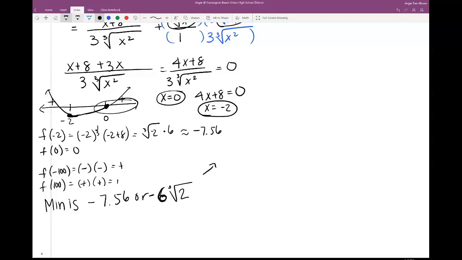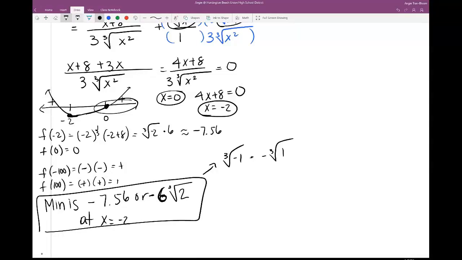What happened is the third root of negative 1 is the same thing as negative third root of 1, which is really negative 1. So you can pull out the negative in the front. So the minimum is the decimal, or negative 6 times third root of 2, at x equals negative 2. So that's my minimum.